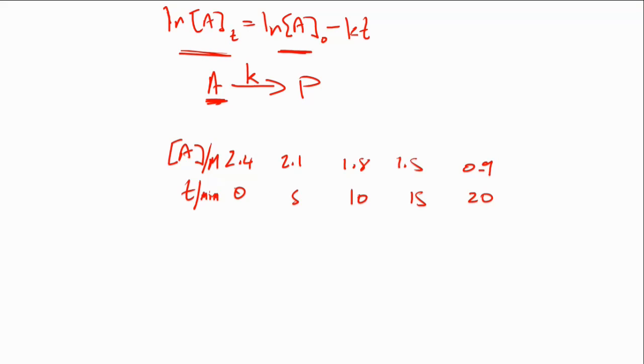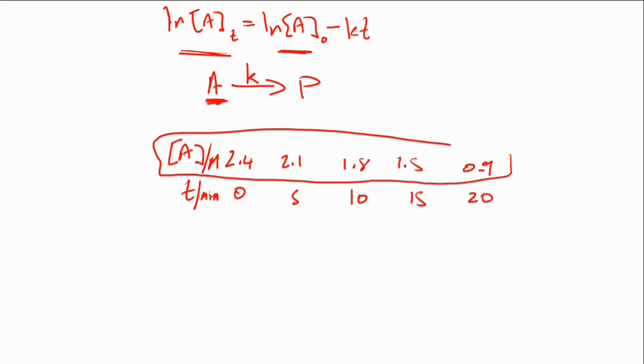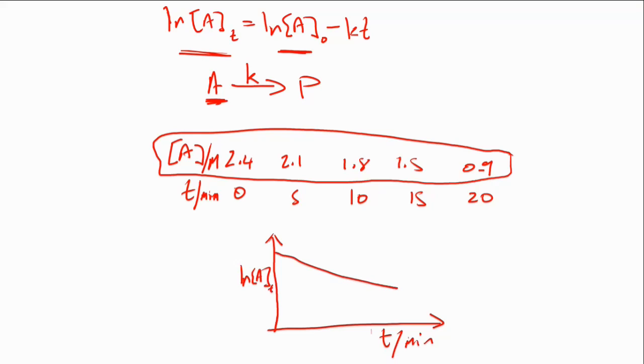Now, what you could do with these is take the natural log of all of them and do a plot of time on the x-axis, in minutes, versus the natural log of A at time t. When you do that plot, you'll get a line with a negative slope.